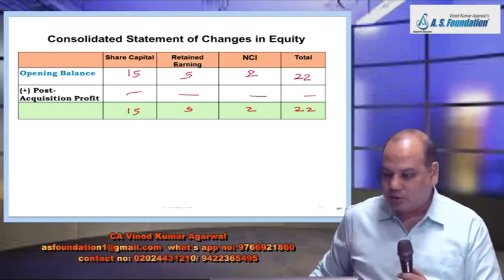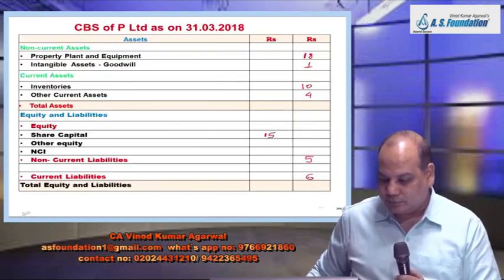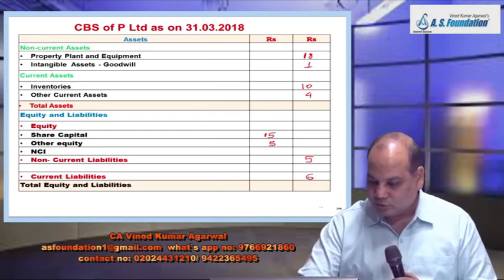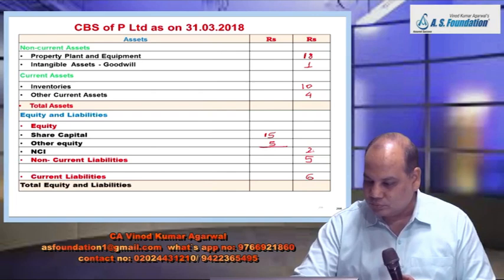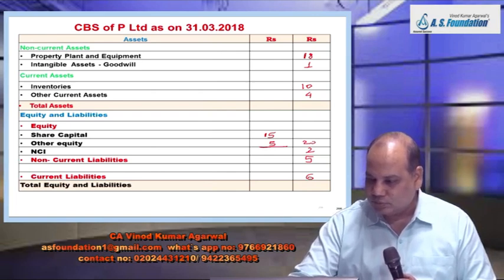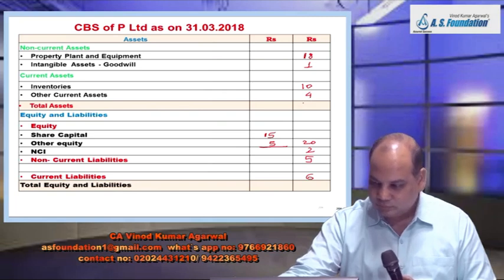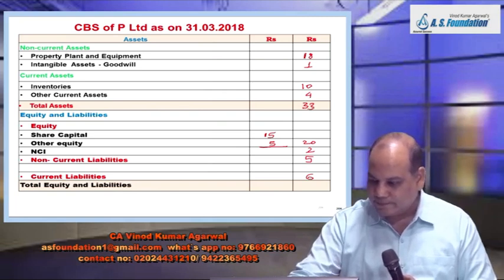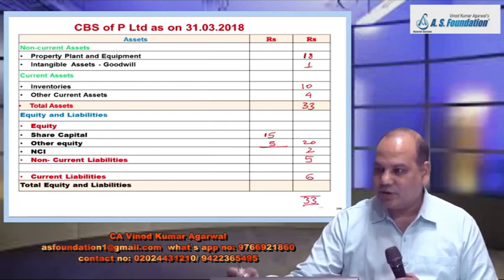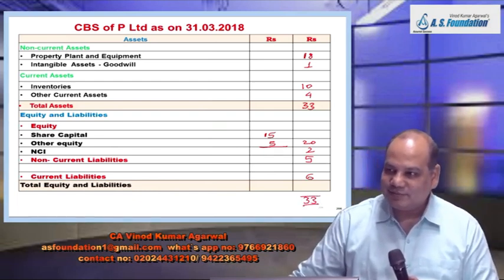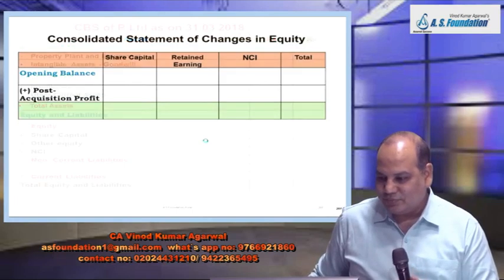So write down in the main page retained earning 5. This is 2. Total. How much is the total? This is 33. This is also 33. Done. Good.